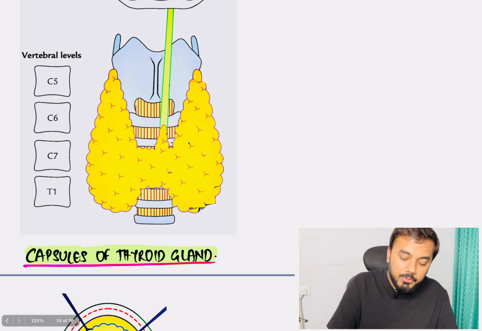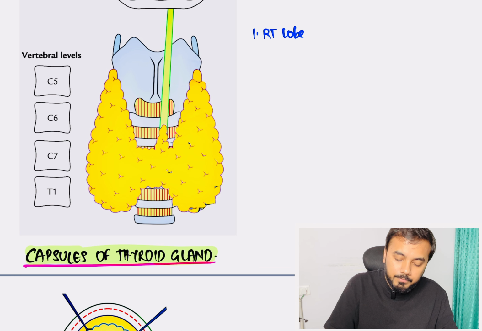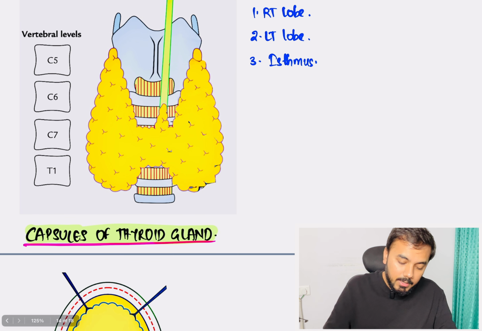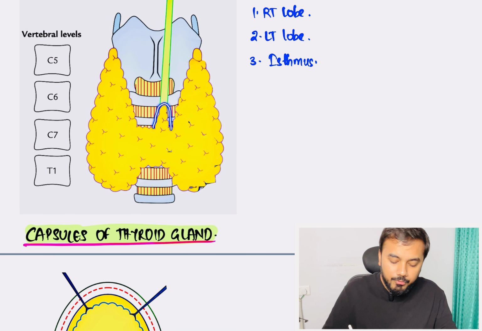So far how many lobes have we seen? The first is the right lobe, second is the left lobe, and third is the isthmus. Three important things. Apart from that, can you see there is a small lobe-like structure emerging above from the isthmus? There is a small extension from the isthmus going upward.